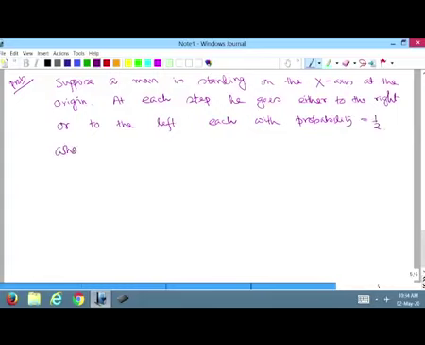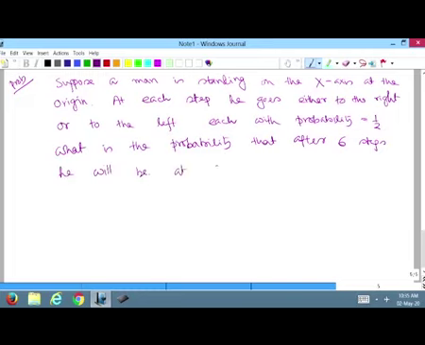What is the probability that after 6 steps he will be at a distance 2 from the origin?